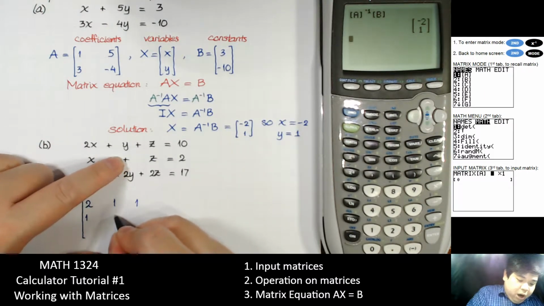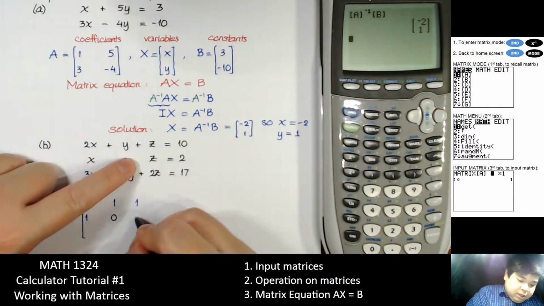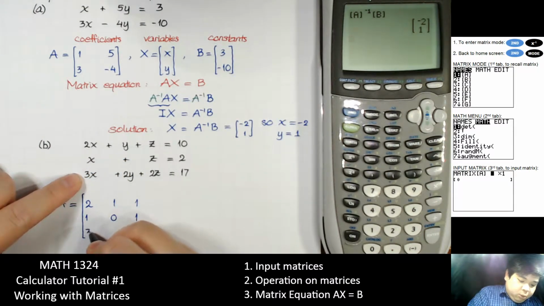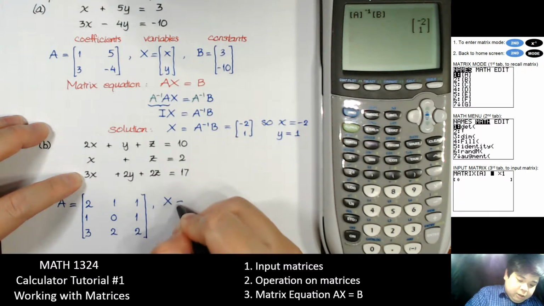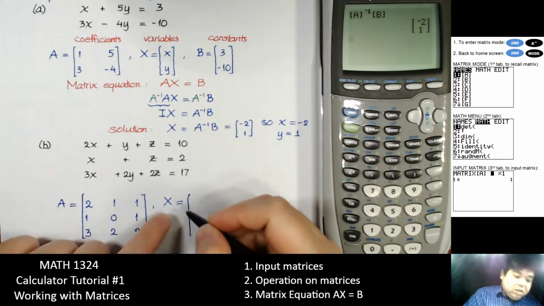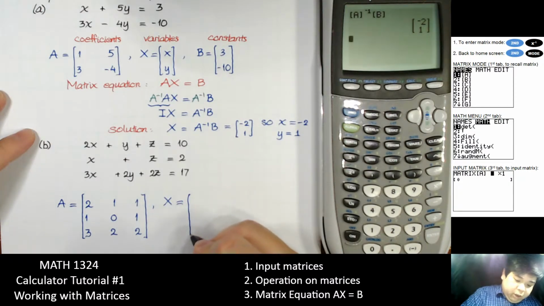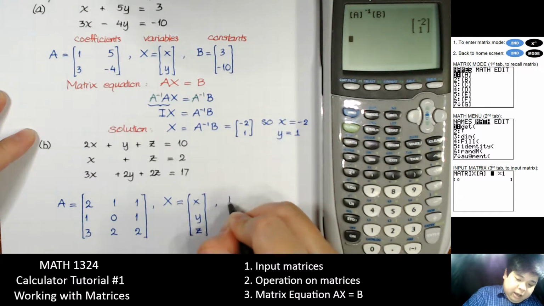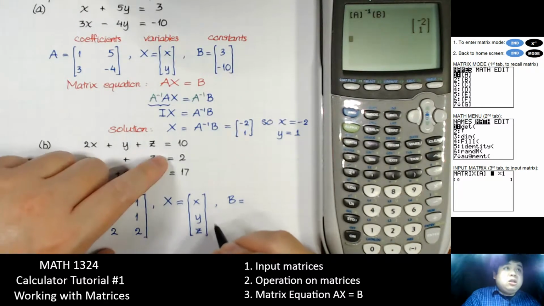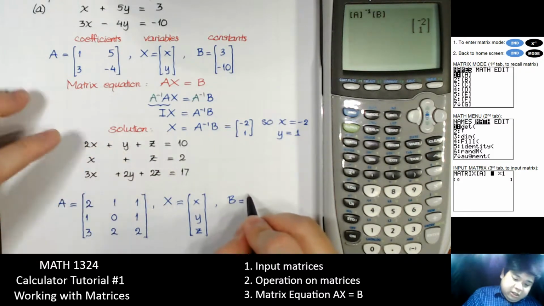We have no y here, so that will be 0, and z is 1, 3, 2, 2. Matrix X, the variables x, y, z, and matrix B, the constants 10, 2, 17.